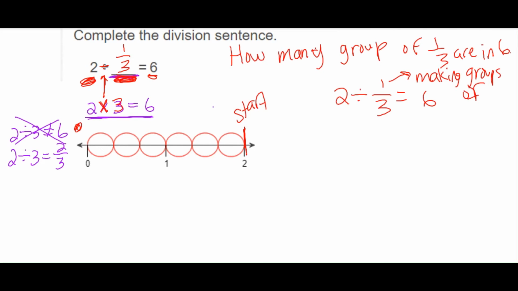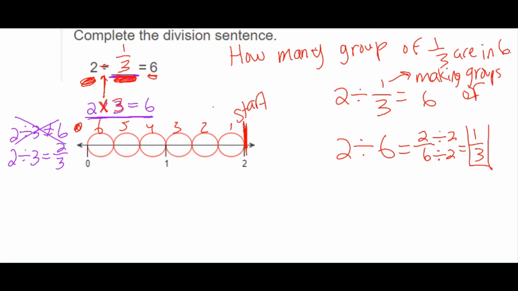And the other one is, if we start with 2, you always start with 2, and divide it evenly, that's the division sign, into 1, 2, 3, 4, 5, 6 equal sections. That's going to be equivalent to 2/6. And if we simplify 2/6 by dividing the numerator and denominator by 2, we'll get 1/3, right?